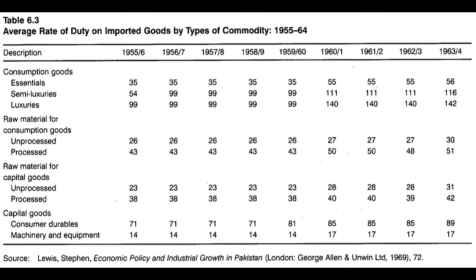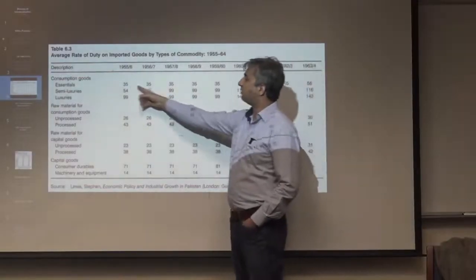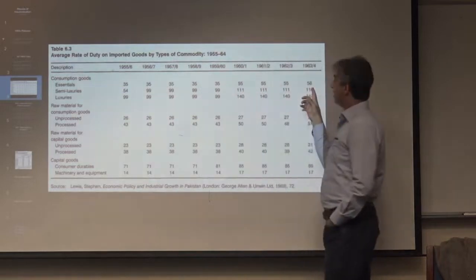What you see from this is the average rate of duty on imported goods by the type of commodities. When you look at consumption goods over here, what do you see with respect to what are considered luxuries? You see almost a 99% duty, 140% duty, 142% duty. Whereas essential items, you see that the tariff rate is actually very, very low.